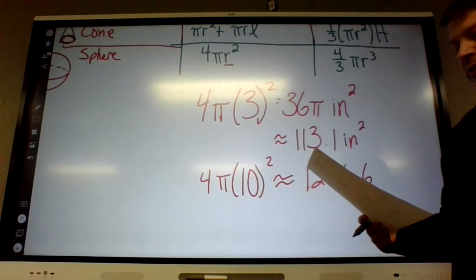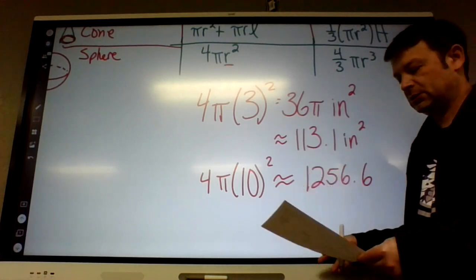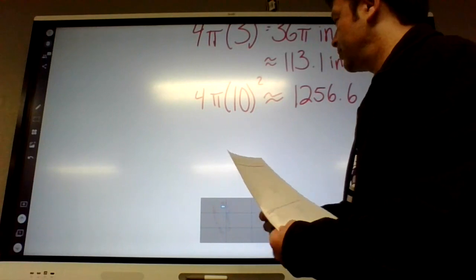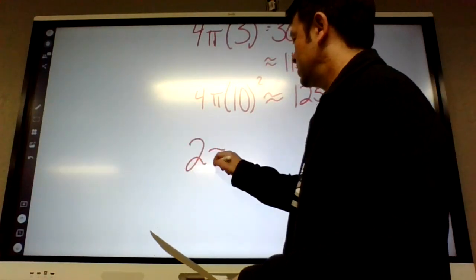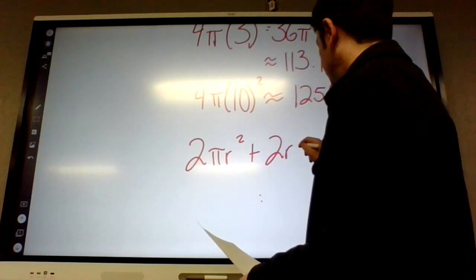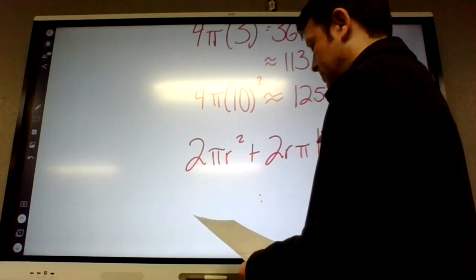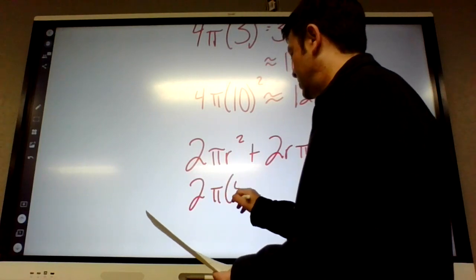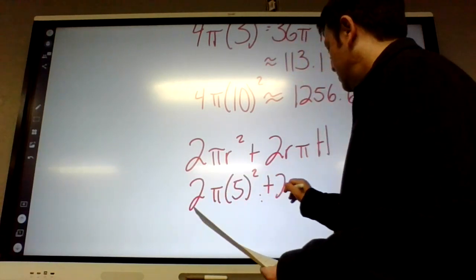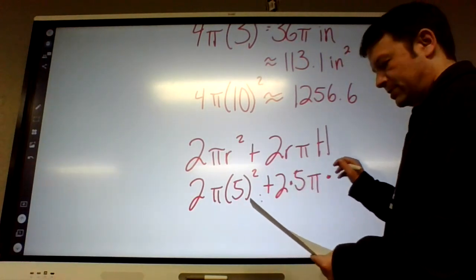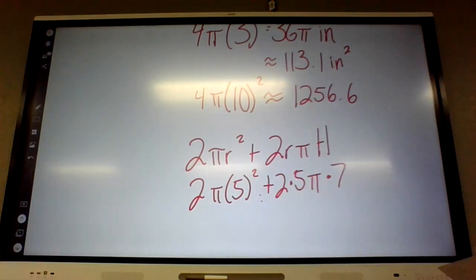Okay. Number 3 is a cylinder. So the cylinder formula was 2 circle areas plus circumference times height. So the R is 5, so you just put a 5 right there and right there, and the height is 7. So that should do it.